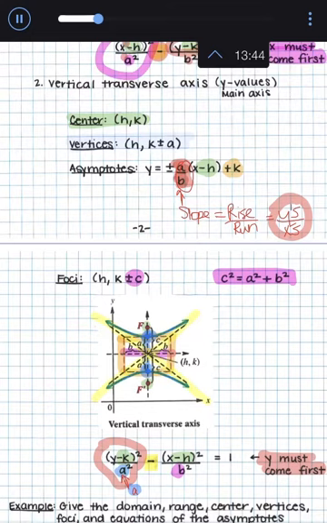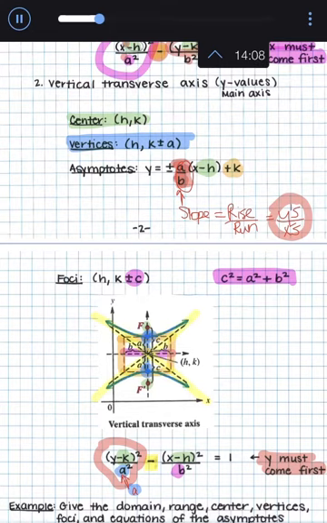That's what's going to make up your vertices. And remember, you find those vertices by adding and subtracting the radius to the major axis. In this one, you're adding and subtracting that a to the y values, because your y's are your major axis because the y's came first.